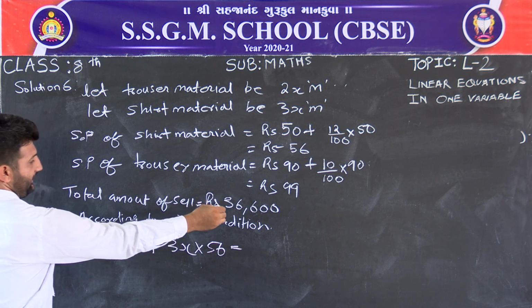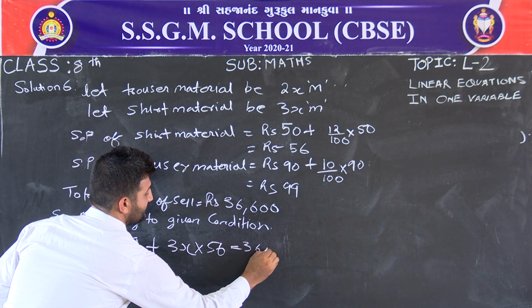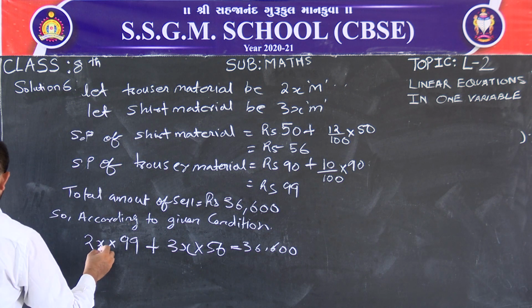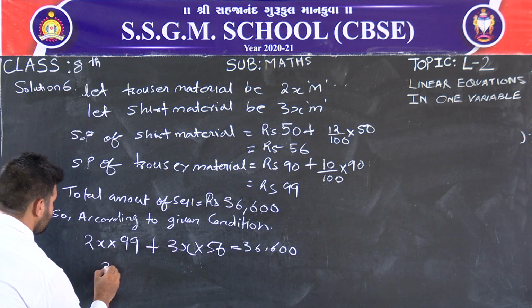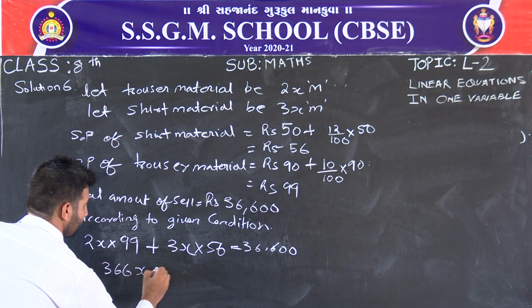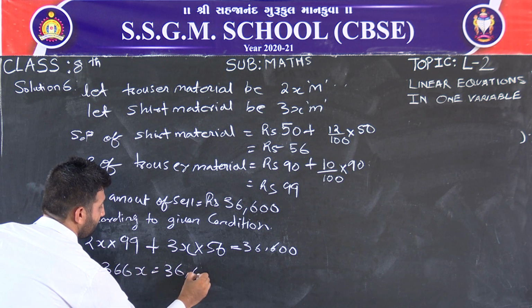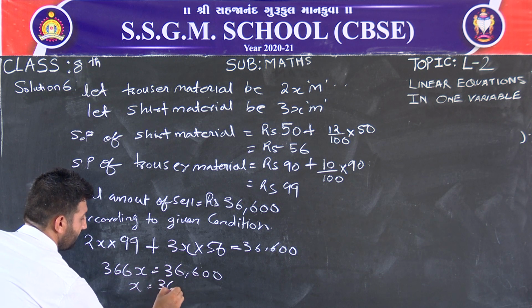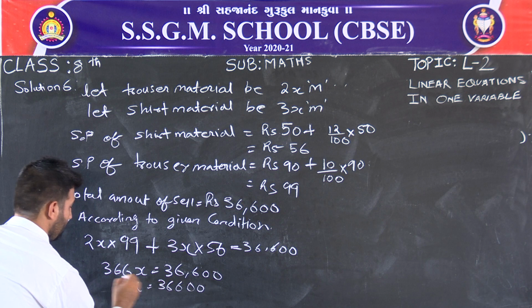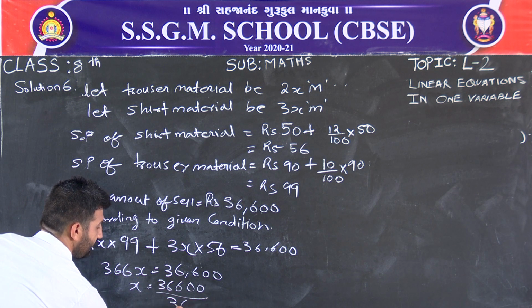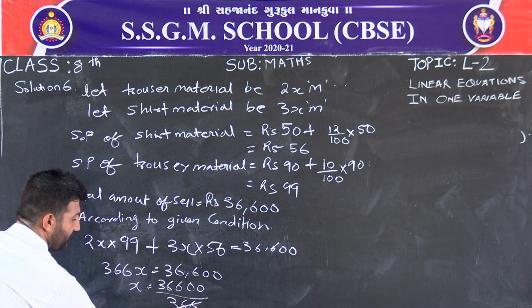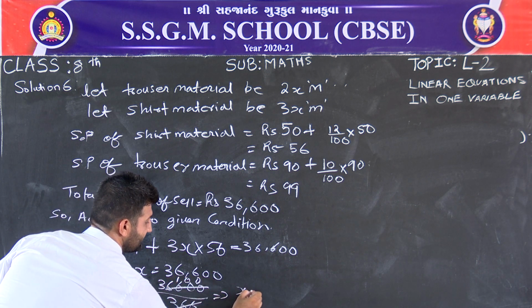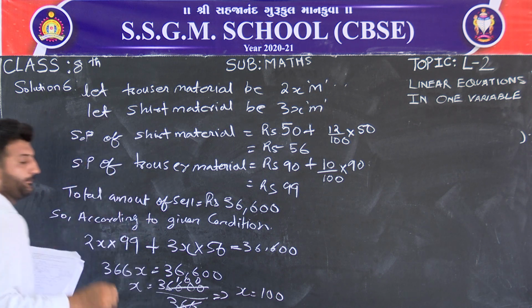It will total equal to rupees 36,600. So this will become 366x is equal to 36,600. So here we get x is equal to 36600 divided by 366. Here we can cut the ones, 100. So x is equal to 100.